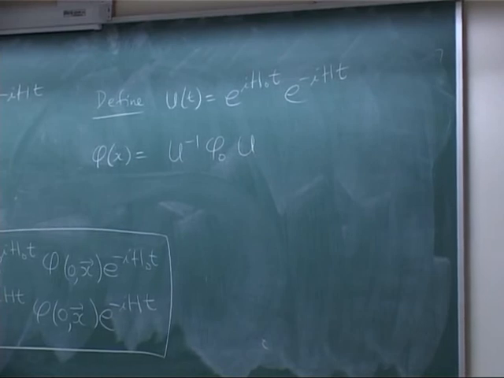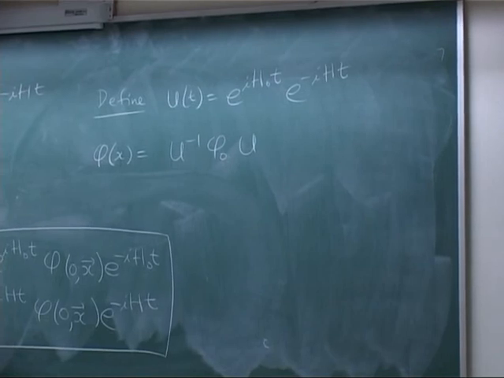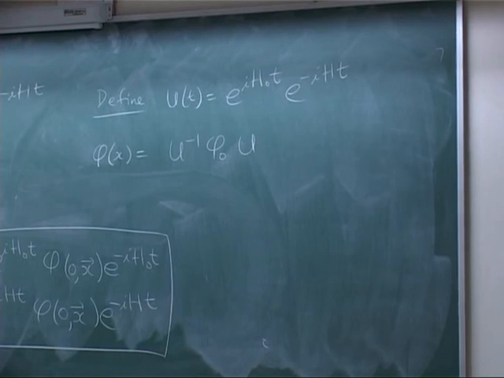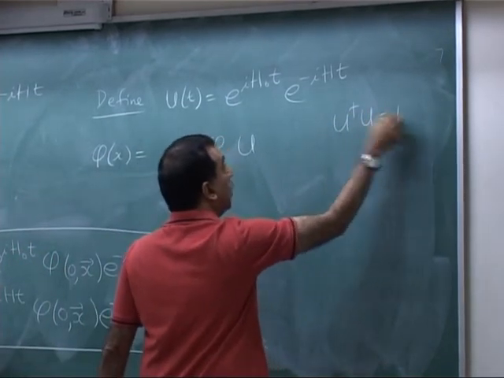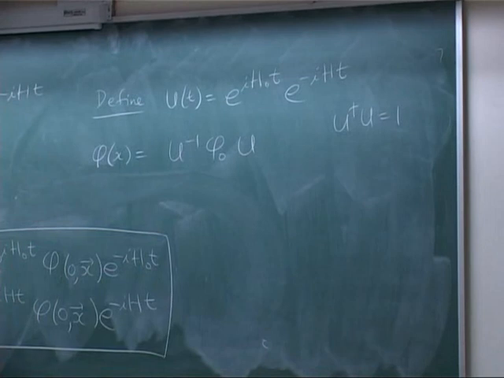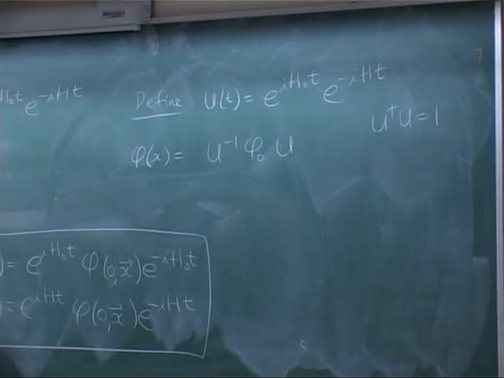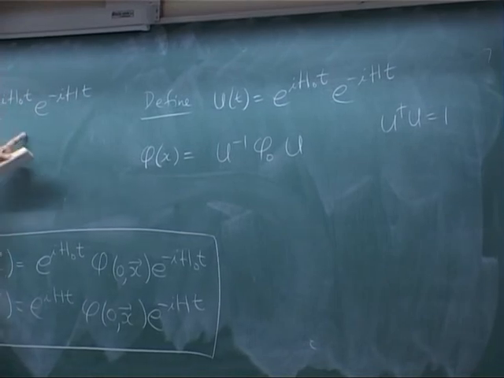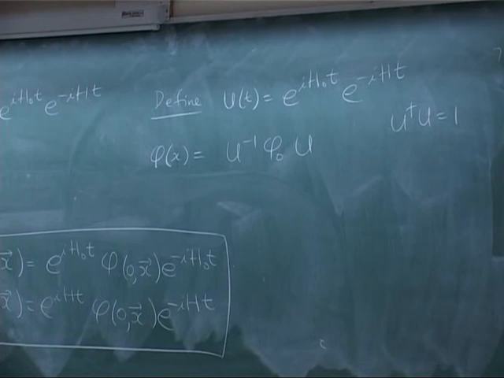Correct? And of course U is unitary, so U inverse is the same as U dagger. Is it clear that U is unitary? If I take U dagger, I get this stuff and that stuff is 1, without assuming anything about commutations. Okay. Good.